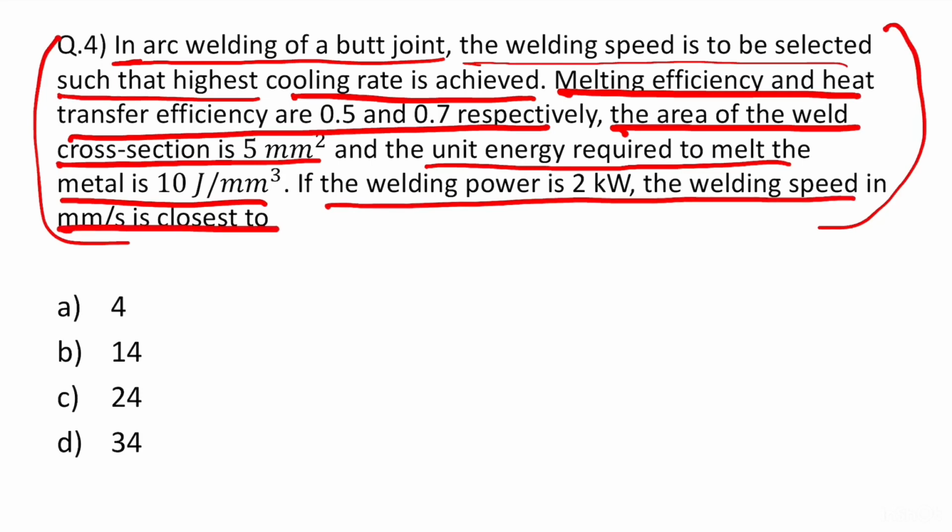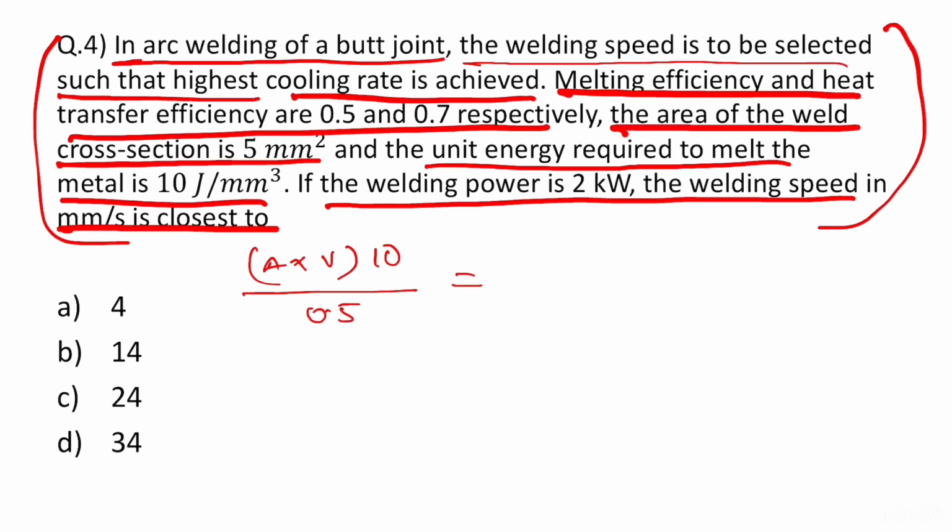So first of all, what is the heat requirement? Heat requirement first needs the volume. Volume is area into velocity, that you have to find. Then heat required is 10 times that, but melting efficiency is 0.5, so divided by 0.5, and that equals the heat input.